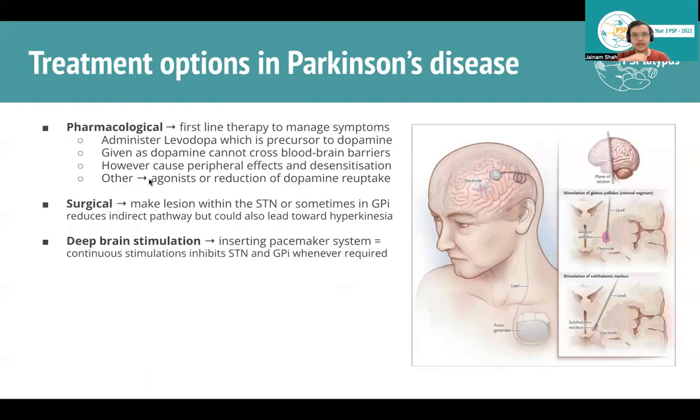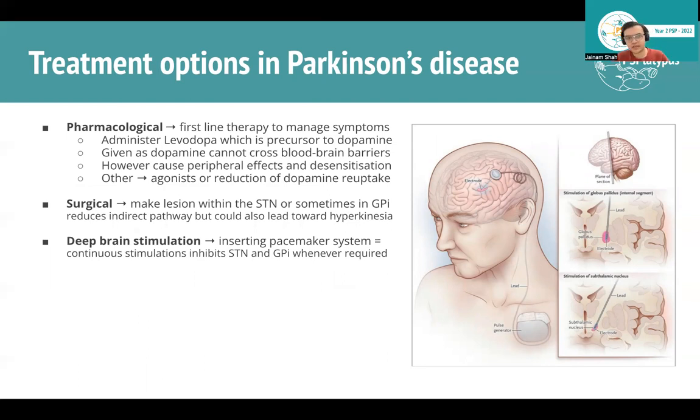So how do you treat Parkinson's? We don't really go into the pharmacology too much here. There's a whole lecture on that if you're interested. But remember, the main first-line medication tends to be levodopa, which is a precursor to dopamine. And that makes perfect sense now because we know that the primary pathology is less dopamine. However, we can't give dopamine by itself, right? Because we know that it cannot cross the blood-brain barrier.